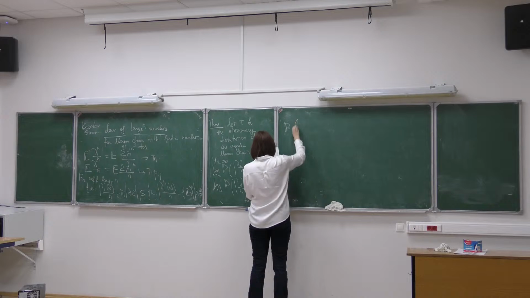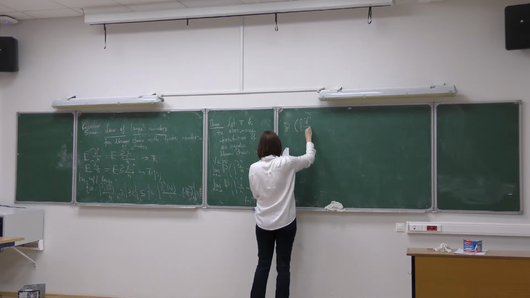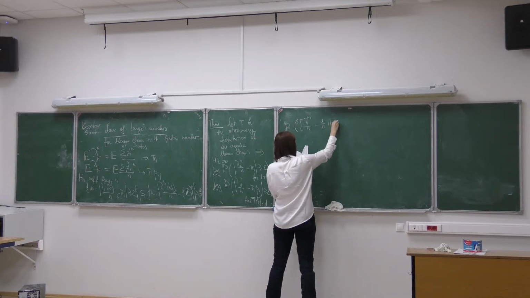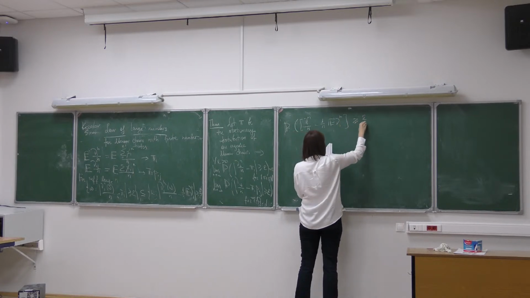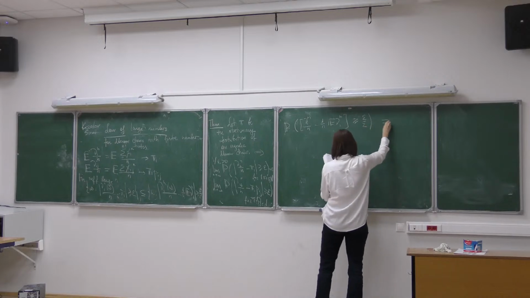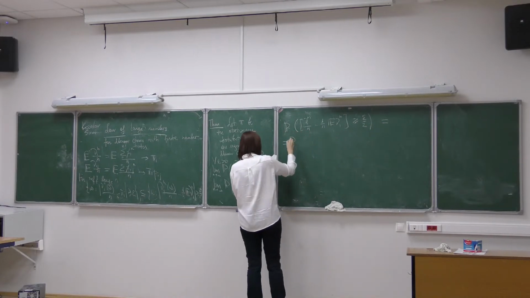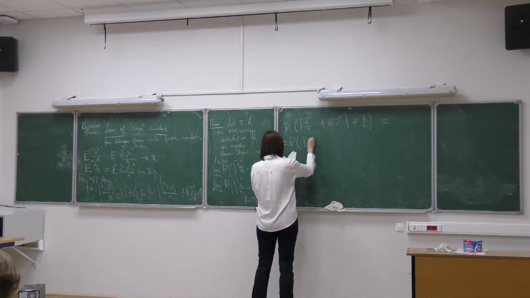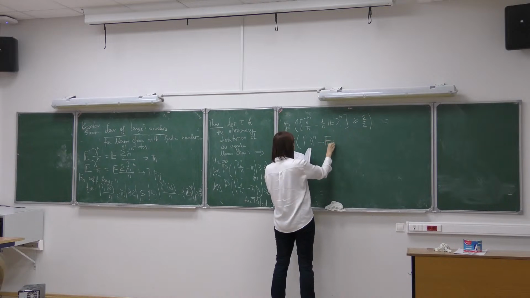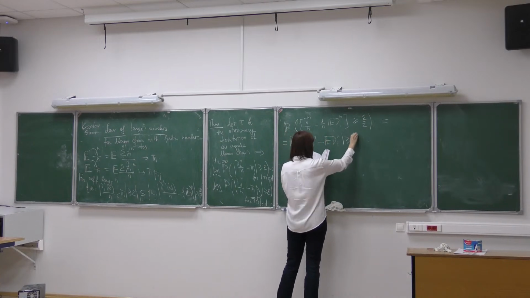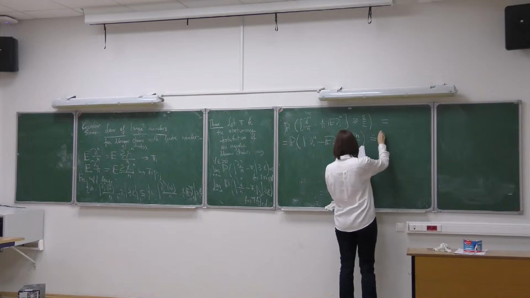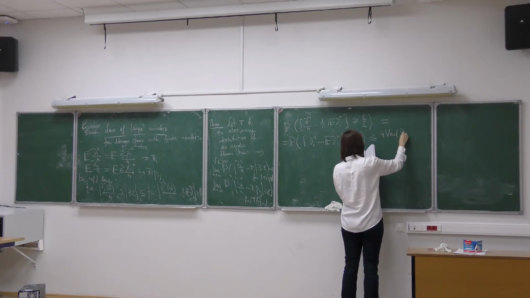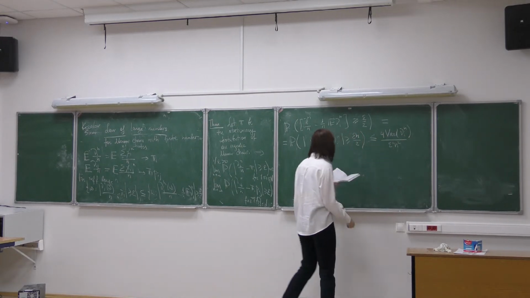We will say that the probability that this probability is like that, epsilon square and square.